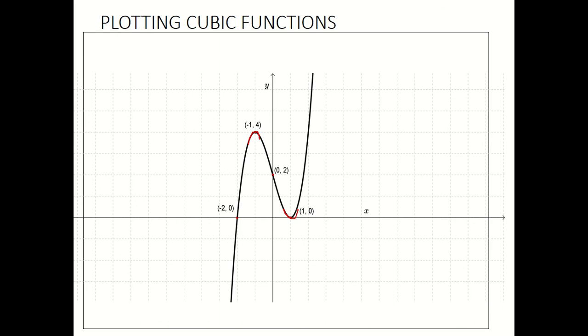So this is how I will plot it. And from there on, all I'm going to do is just extend this line and make sure that it passes through my x-intercept, and extend that line and make sure that it passes through my y-intercept as well as my x-intercept. But at that x-intercept, it doesn't go down, it goes up again, which is your turning point, and I'll have my full graph.